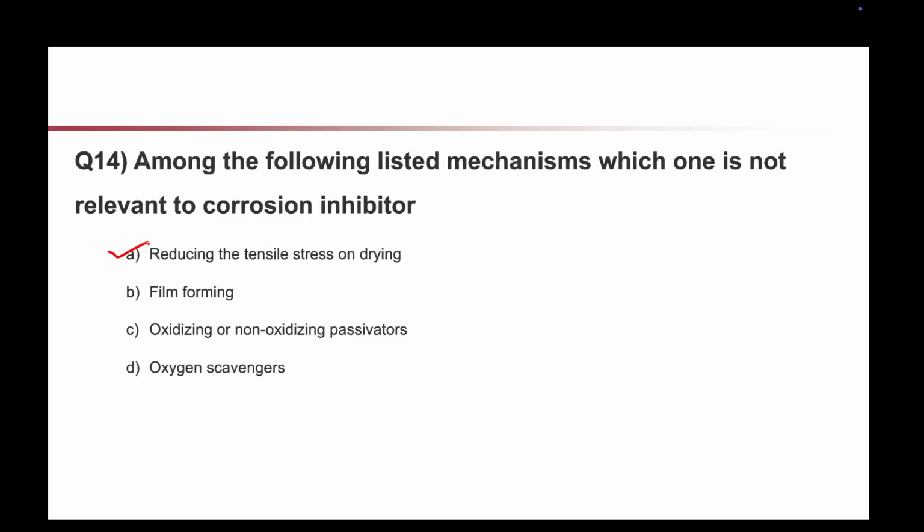So our corrosion inhibitors should not change the property of your concrete. It doesn't mean it is a golden rule that it won't change the property of the concrete, but it is not designed in that way. However, it will behave as a film forming and passivator for steel and oxygen scavenger for the steel concrete interface.